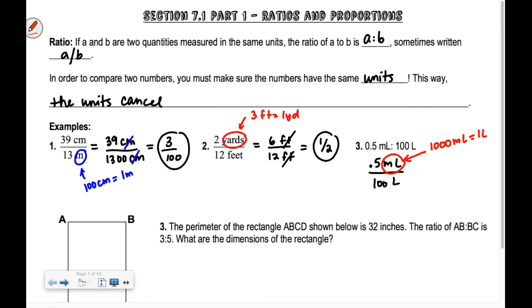So really, if I want to change it, I want to take this liter and fill it with 1,000 milliliters. So if I have 100, then I'm going to have 100,000 milliliters on the bottom, right? Does that make sense? So I'm going to have 0.5 on top, still in milliliters, and this one is 100,000 milliliters. Does that make sense?